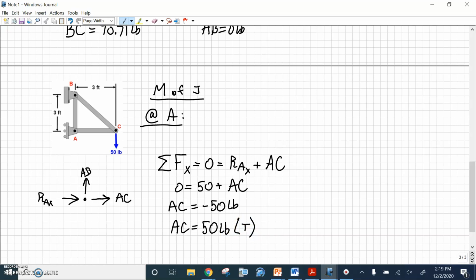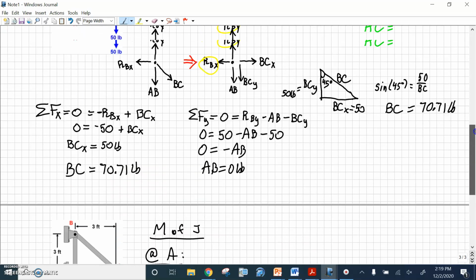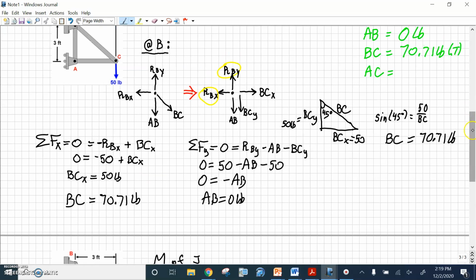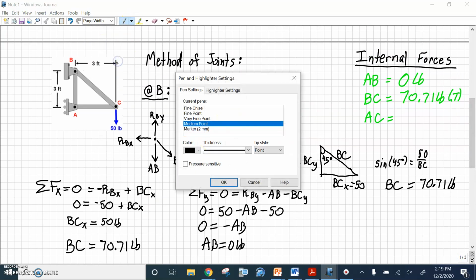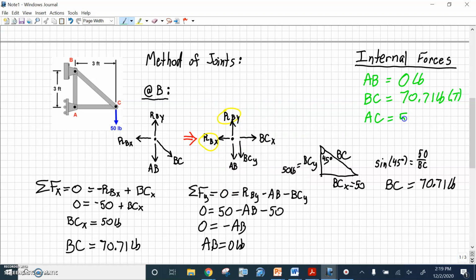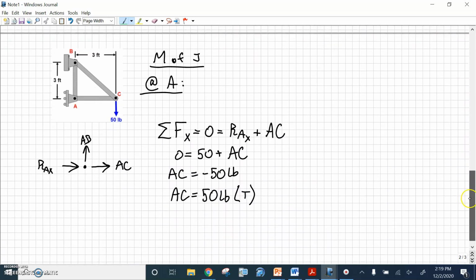So, in the end, there's member AC, the only internal force we haven't solved for. So let's change that. That was 50 pounds in compression. I totally screwed that up, didn't I? Yep.